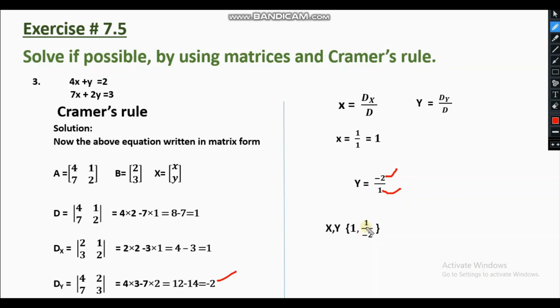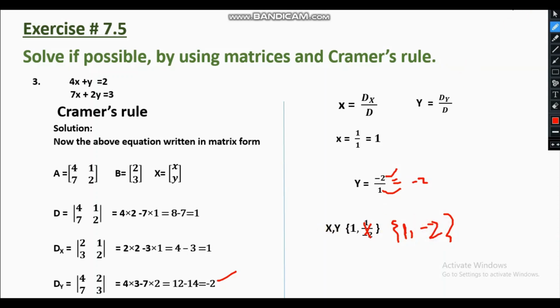So we can write it in this form. The value of x and y is 1 and minus 2, because minus 2 divided by 1 is minus 2. So the value of x is 1 and y is minus 2.